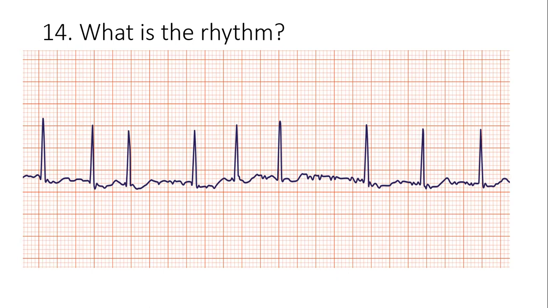Whereas in atrial flutter, again, no P waves, but it looks more regular, especially the QRS complexes. That actually helps a lot.